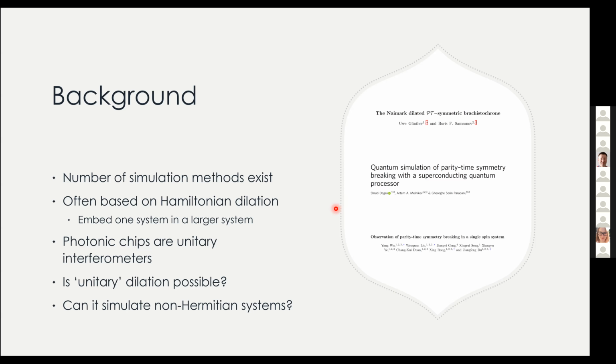But in our lab in the basement, we have a photonic chip, which directly implements a unitary transformation. So instead of doing Hamiltonian dilation, we want to go for something more like unitary dilation. So we directly implement a unitary, instead of having to take the Hamiltonian, dilate the Hamiltonian, and then turn that into a unitary. We want to go straight from a non-unitary transformation into a unitary transformation on a larger system. And then having done that, we want to see how it actually simulates some kind of non-Hermitian system.